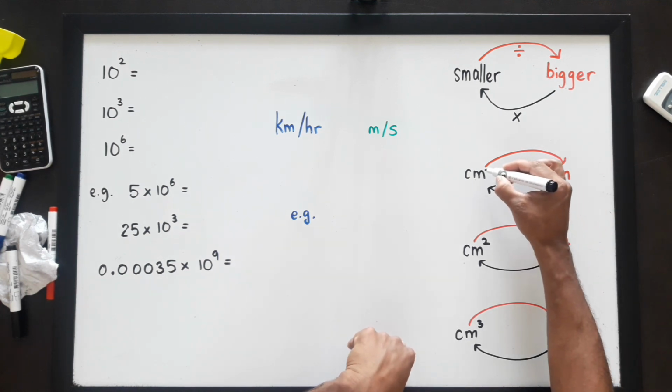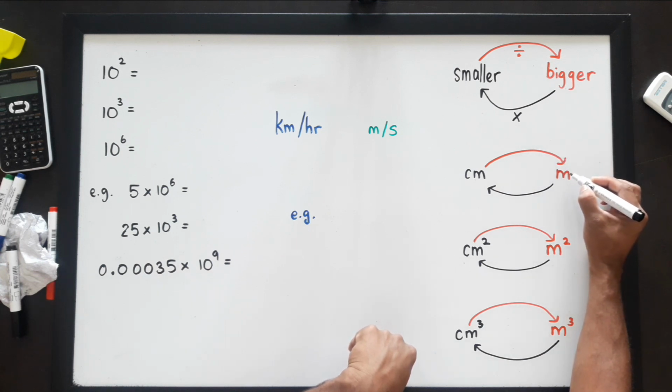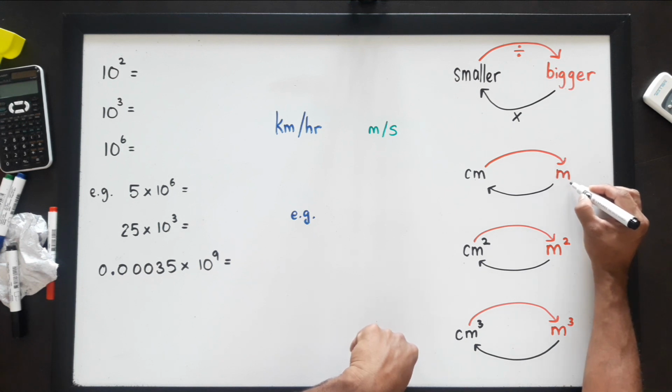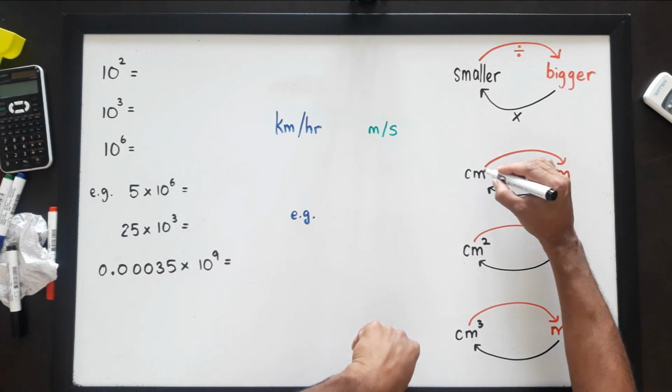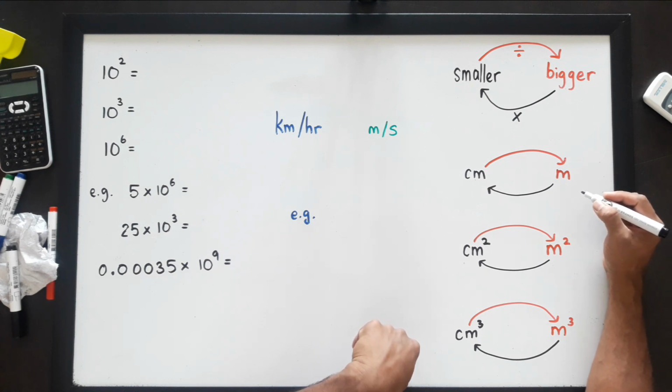So if I want to convert centimeters to meters, centimeters is smaller and meters is bigger. A lot of students will ask themselves, should I multiply by 100 or divide by 100?